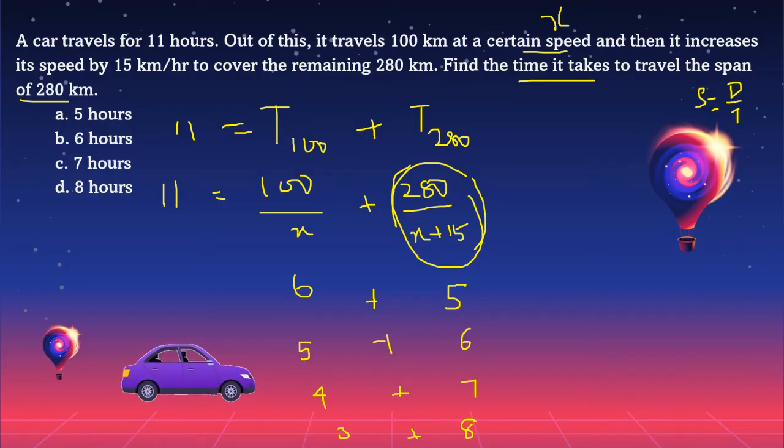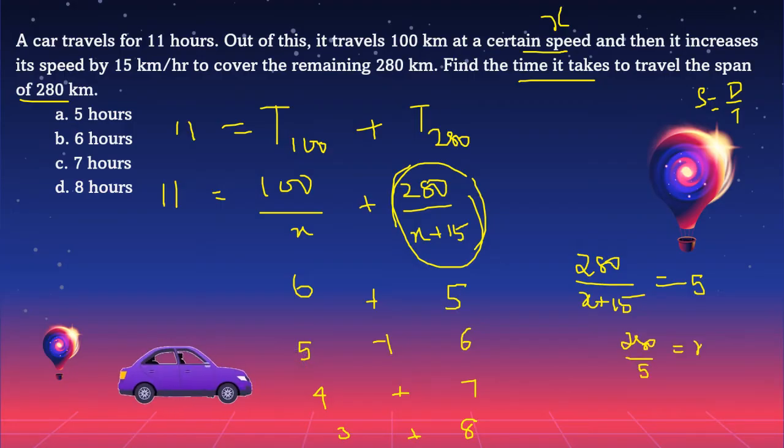If I take 280 divided by x plus 15 as 5, I need to find the value of x, so I bring 5 down. Then 280 divided by 5 will be equal to x plus 15. This may seem to be a complicated calculation, but it is very simple.